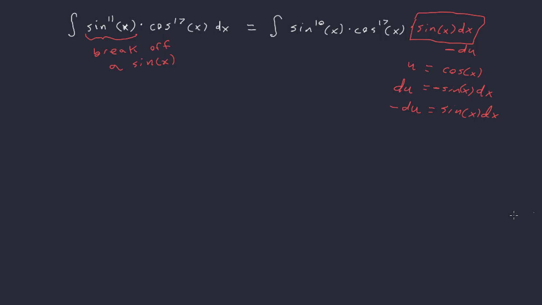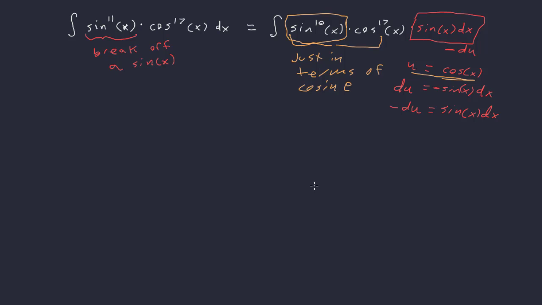Now, that means I want this integral that we have left just in terms of cosine, because that's going to be our u, right? So it's really the sine to the 10th that we want to mess with.